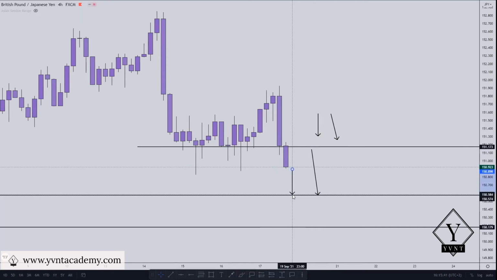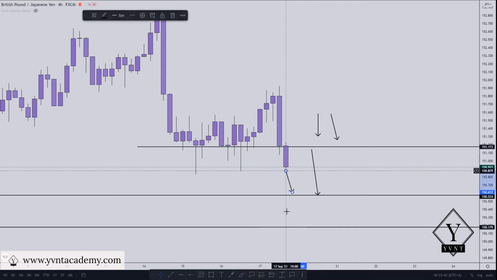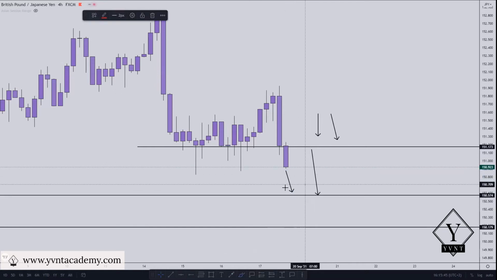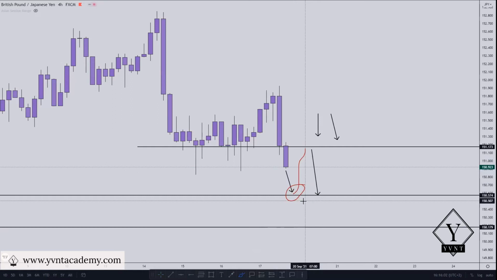If price pushes around this level, I won't be comfortable taking buys here to push back up, because the market to me is bearish. But if you are comfortable taking buys here when price is rejecting and giving us signs to go to the upside, maybe giving us a double bottom, then you can take the buy.